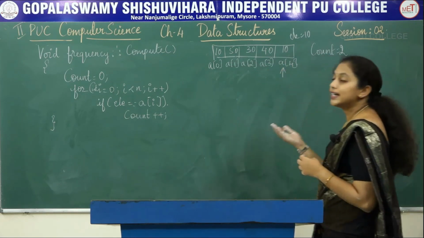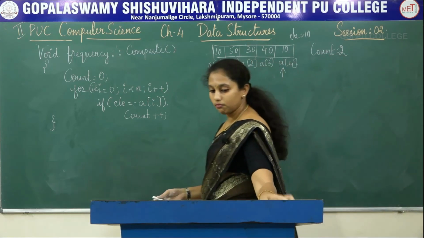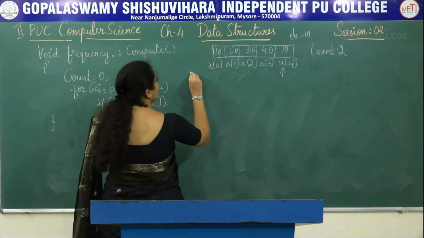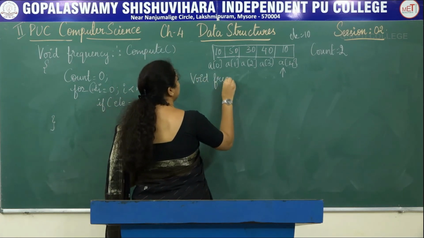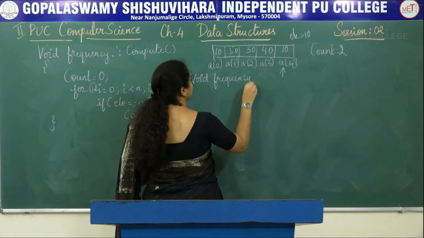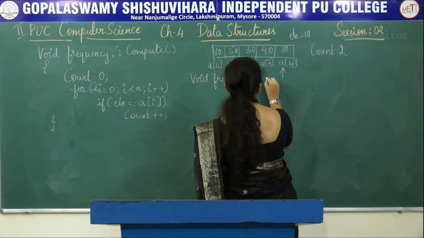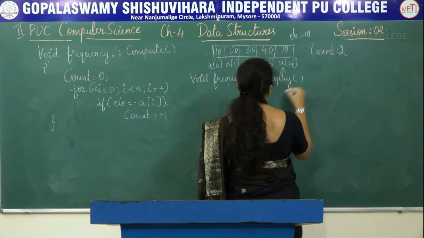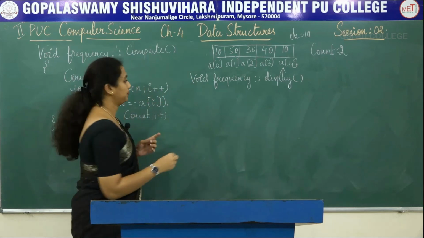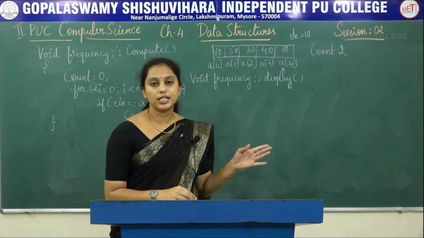Now I am going to display the output to the user. Void frequency, scope resolution operator, display function. So what are the things we are going to display here?